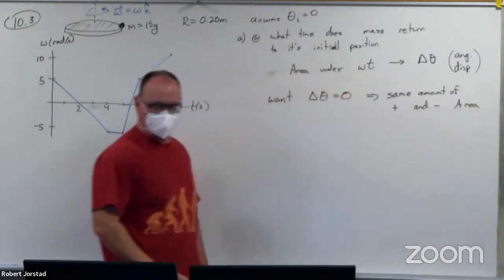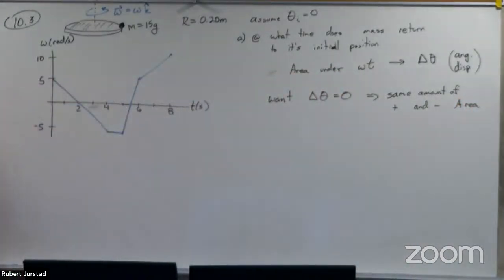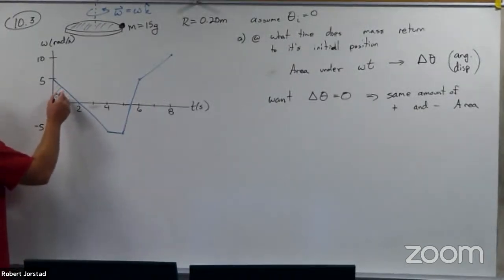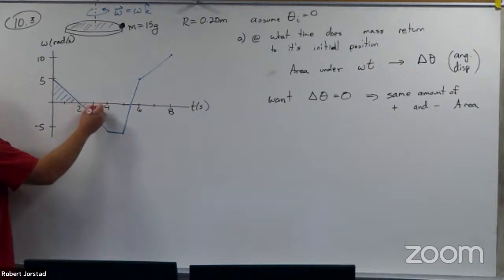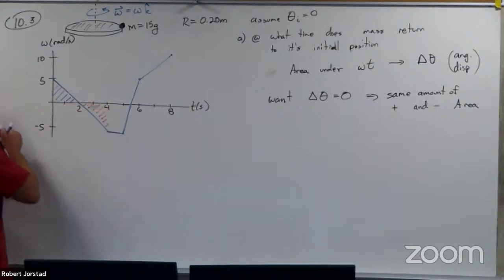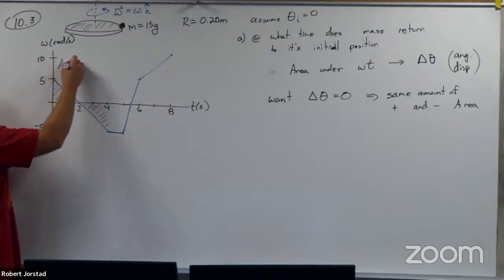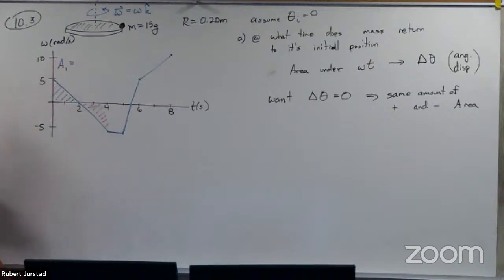We need the same amount of positive and negative area. When does that occur? 4 seconds. So what is area 1? Give me the units and the size of it. What's the area of that triangle? 5 radians.